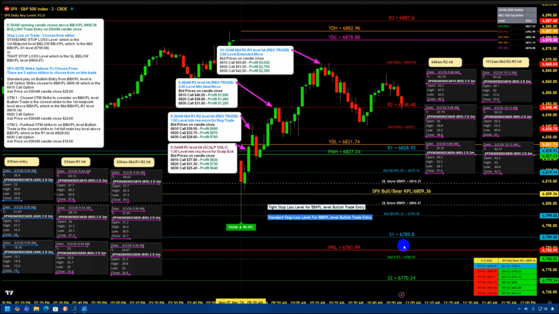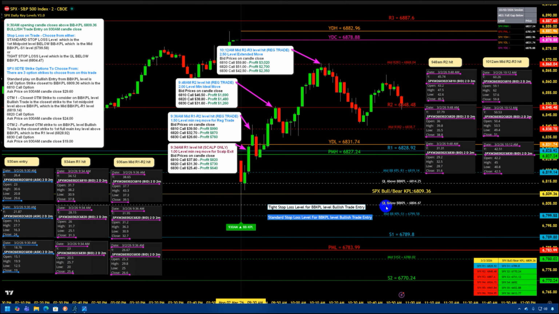So if you're taking trades off of other main key levels besides the bull bear KPL, you simply turn on the QL level below in the user control panel for the specific key level you're taking the bullish trade from. The standard stop loss level, if you prefer to use that over the tight stop loss, is going to be the first midpoint level below the level that you're taking the bullish trade from.